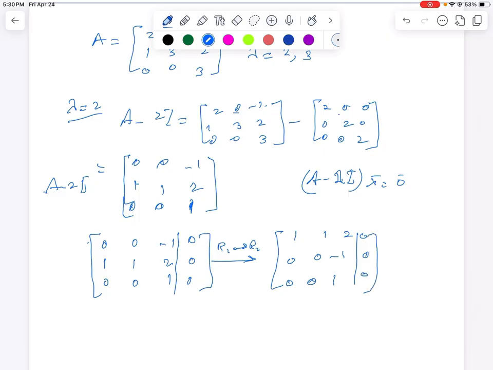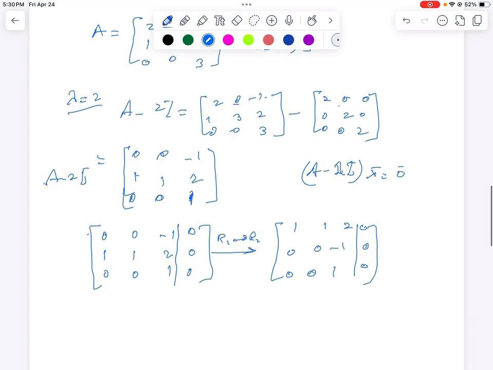So you can see there is a pivot in the first column and the last column. So x2, column 2, gives us a free variable. So we can multiply the second row by negative 1, or maybe we should first use it as it is to make the 1 under the pivot a 0.